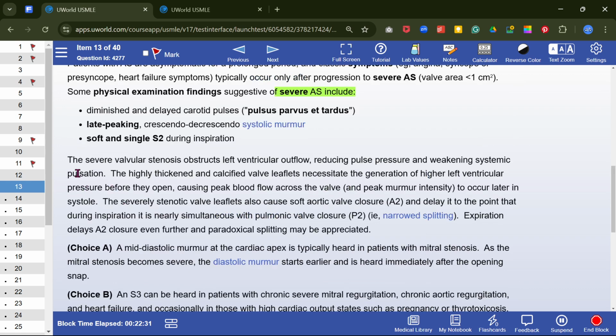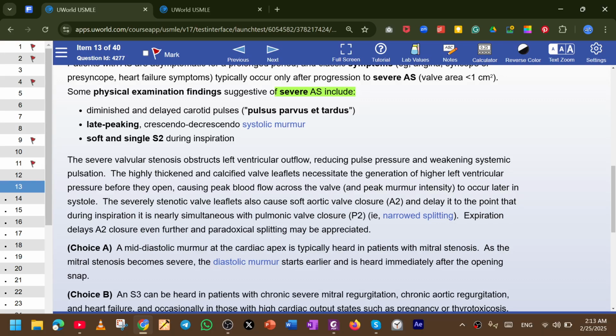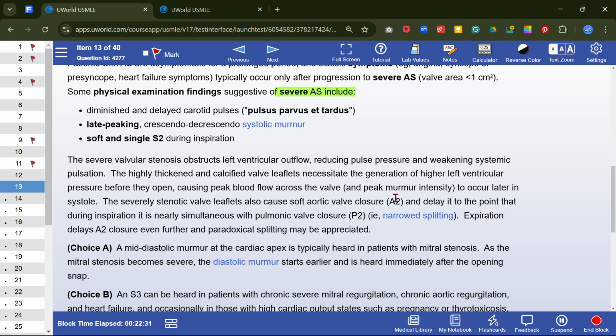The severe valvular stenosis obstructs the left ventricular flow, reducing pulse pressure and weakening systemic pulsation. The highly thickened and calcified valve leaflets necessitate the generation of higher left ventricular pressure before they open, causing peak blood flow across the valve to occur later in systole.